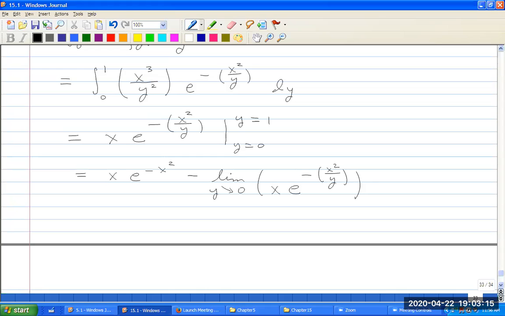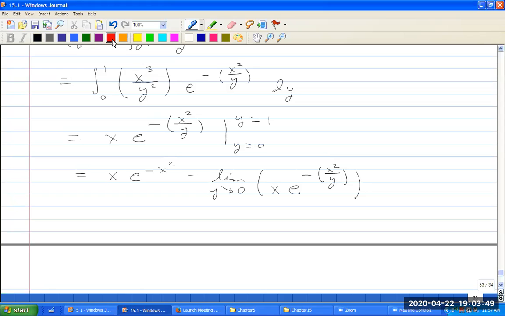Negative x squared over y approaches negative infinity, so e to the negative infinity goes to 0.